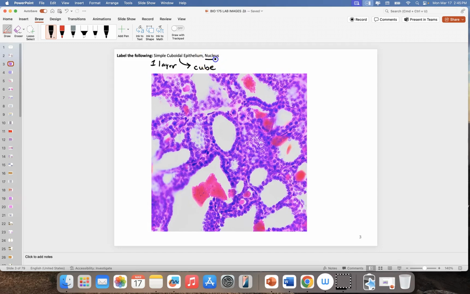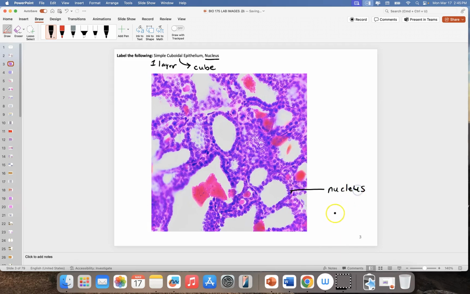And once again, the best way to find a cell is to look for a nucleus. And we can see tons of nuclei here on this slide. I'll just pick out any random one that I see here. Here's a good one. So there's a nucleus right there.